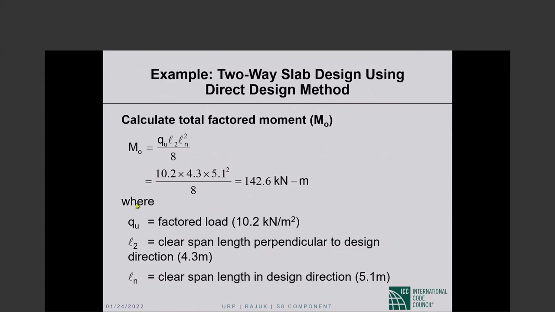Okay. So first step, calculate free span moment. q is 10.2 kilonewton per square meter. L sub 2, the transverse span, is 4.3 meters.